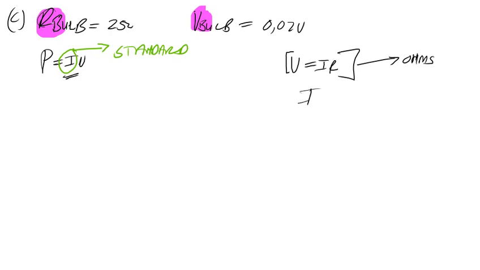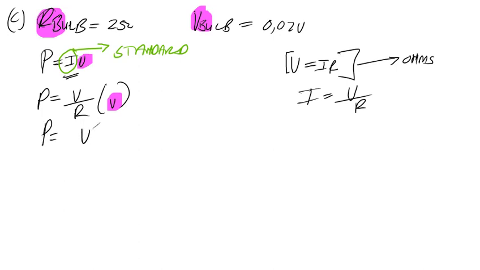So I is V over R. Where there is I, I'm going to put V over R. So P is equals to V over R, open bracket, then there's another V, the original V. And then P will be equals to V squared over R.